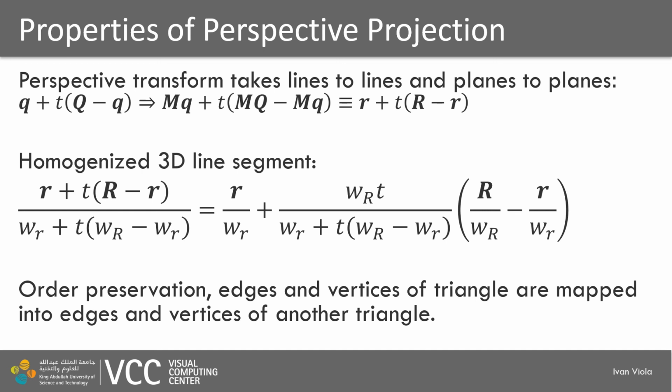So here we have a description of a line where we have one point, another point, and a vector between these 2 points parameterized with the parameter t. And then we are applying our transformation. The result of the transformation can be seen here.